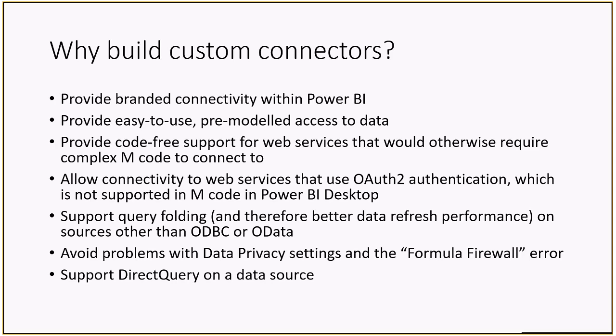So in some cases, you'll be tearing your hair out, and you'll find that you can't actually get around these formula firewall errors if you're writing M in Power BI Desktop. You will find that because data privacy checks are not applied in a custom connector, you can do exactly the same thing and avoid the data privacy checks and the formula firewall error there. So a wide variety of reasons to build custom connectors.